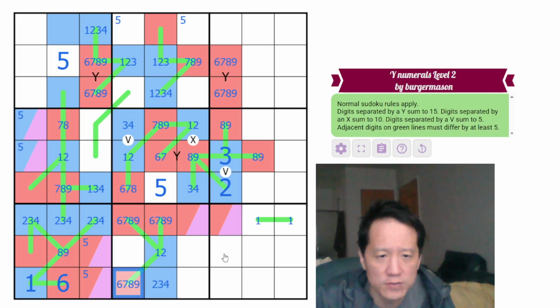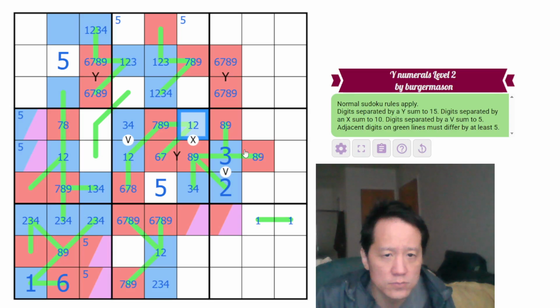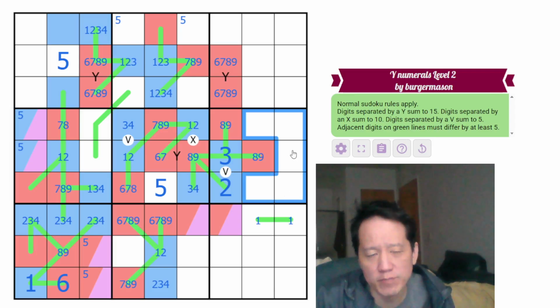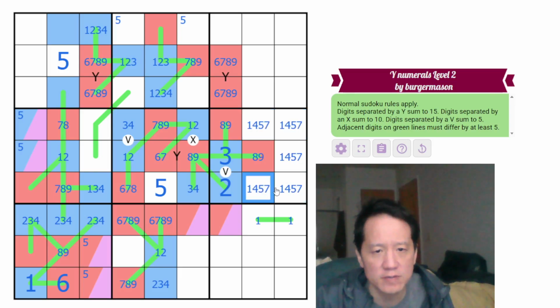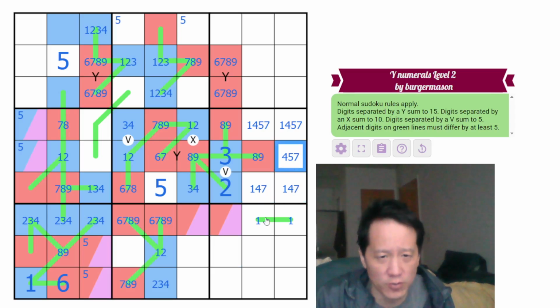Okay, so this can't be 6. So the remaining digits here in box 7 or 6 has to be 1, 4, 5, and 7. This can't be 5. This can't be 1.